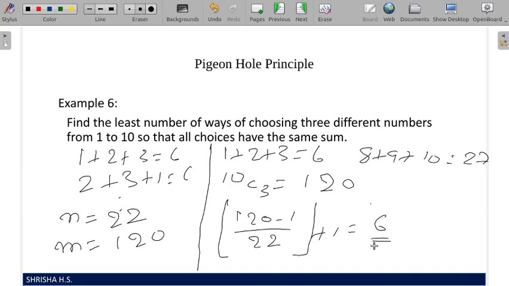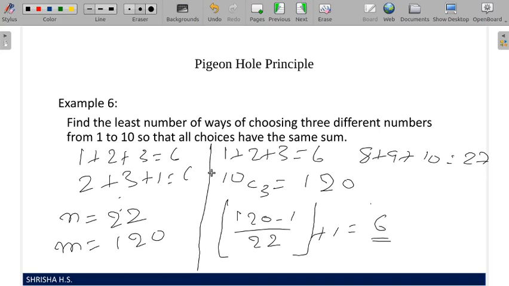So what does the question mean: the least number of ways of choosing three different numbers from 1 to 10 so that all choices have the same sum? Least number means best case. There are 120 combinations of three numbers present, and you go on picking one of the combinations. How many picks are required such that you get the same sum?